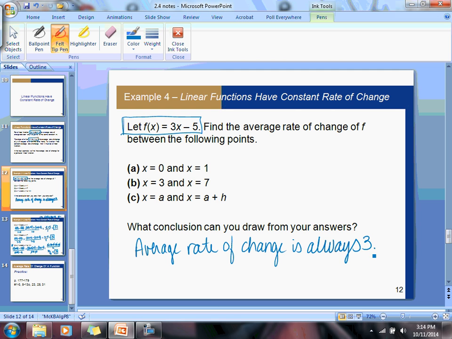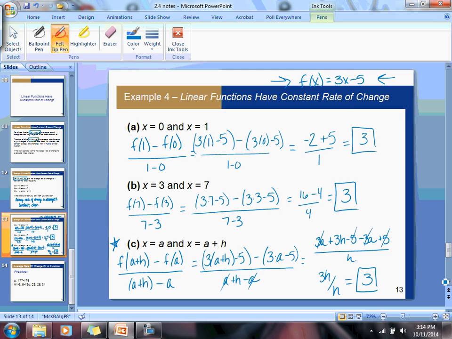So that means that it's a constant function, or that the value of 3 is kind of like the slope. Okay, and what really proved that was working with part C here, these arbitrary points that we substituted in.